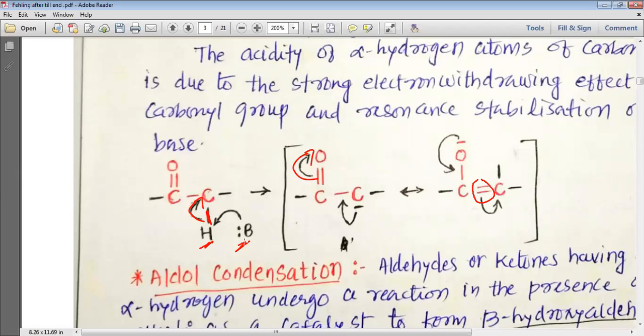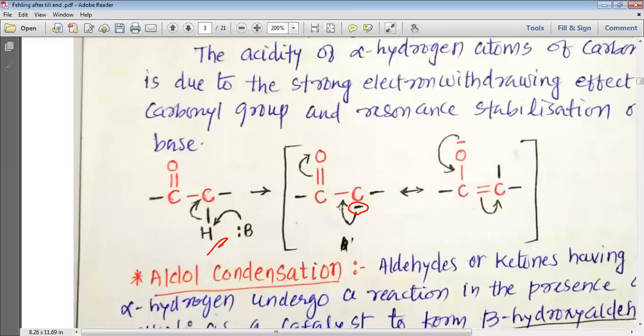So when a base attacks the hydrogen, the electron of this bond goes and makes a double bond over here. When there is a double bond formed here, the electron from this double bond goes towards the oxygen. So you can see here that due to the removal of hydrogen, there is a negative charge on this carbon. As the electron of this bond comes on carbon, there will be a negative charge.